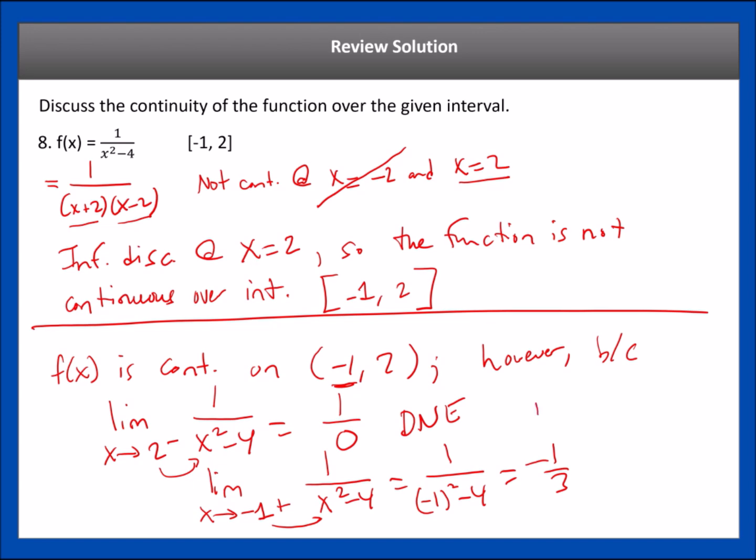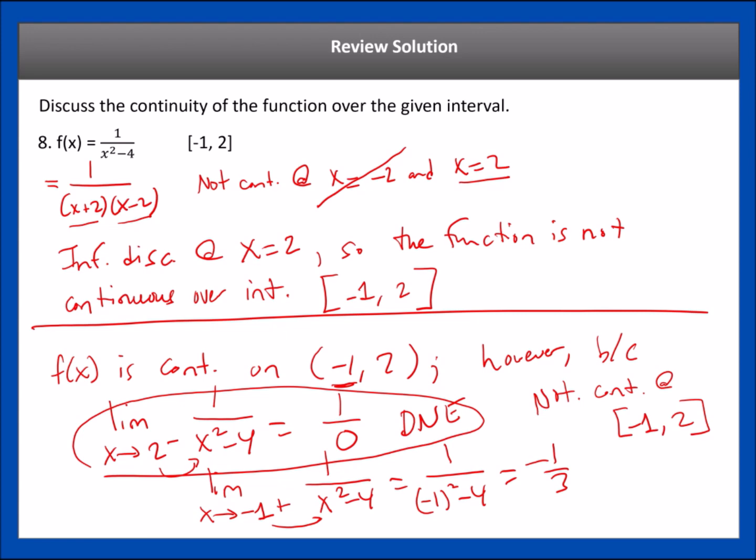So we're going to conclude that it's not continuous on [-1, 2]. You could just say this top part, and because of that, we can say it's not continuous on that interval.